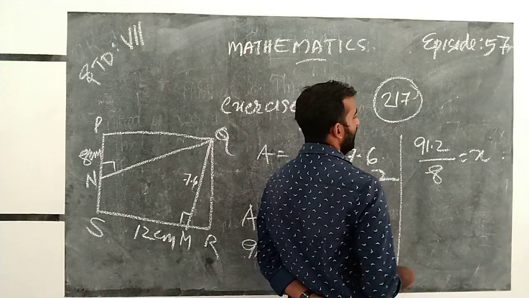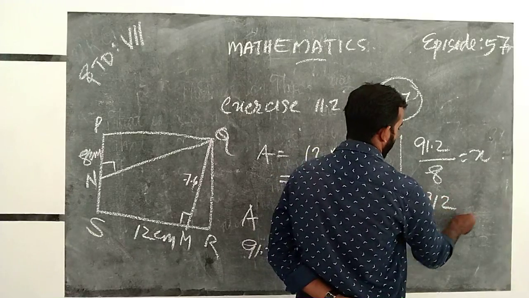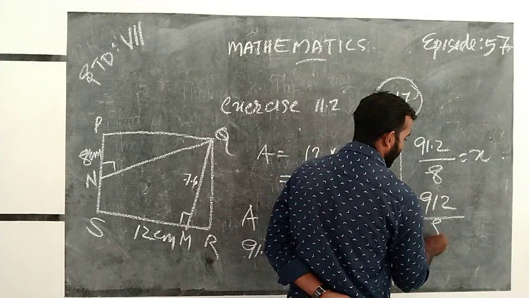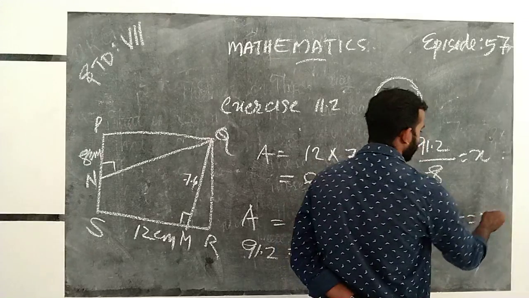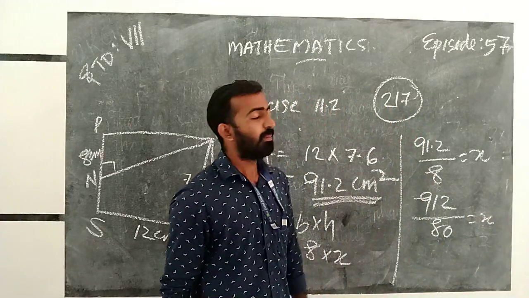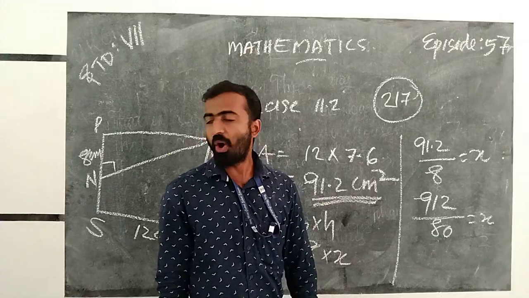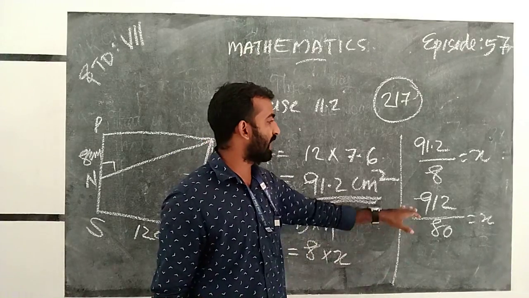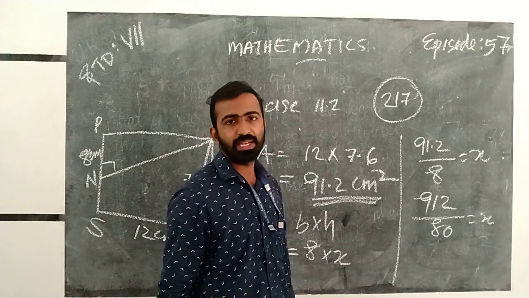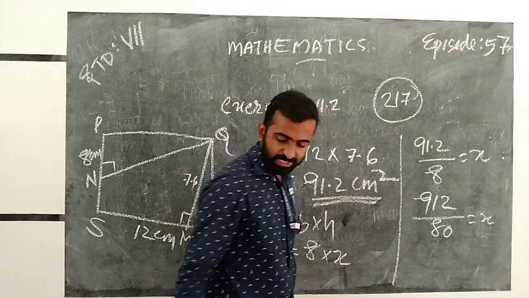That is 912 by 80 equals X, multiplying numerator and denominator by 10.